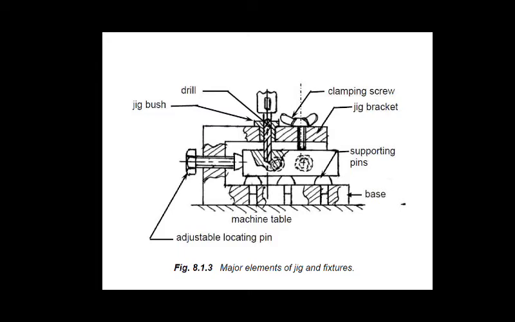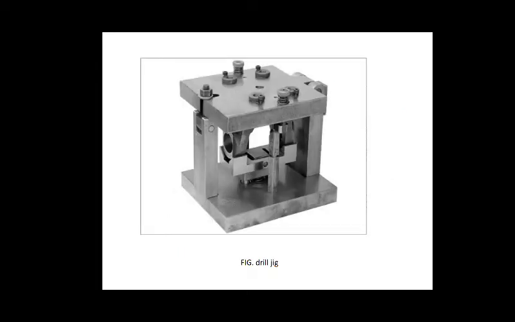Here you can see one more jig. On the top of this plate the bushes are there to guide the tool. The work is held here, and here the clamp is there.